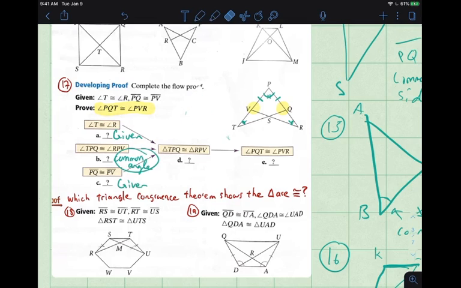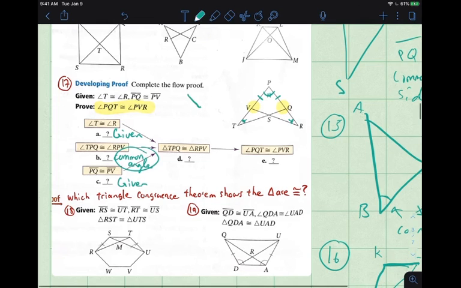Okay, one more time. Let me try to separate it out. P, Q, T, P, Q, and T, P, V, and Q, P, V, and R. These two angles are the same.